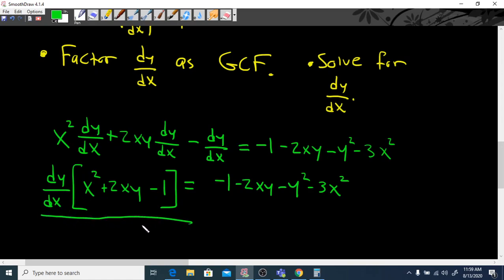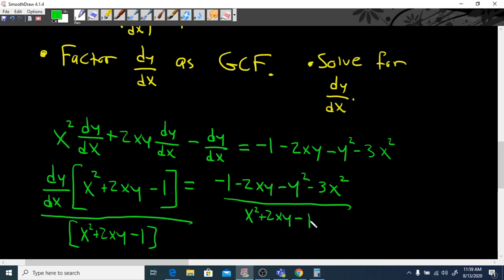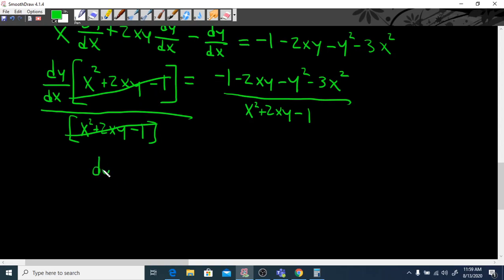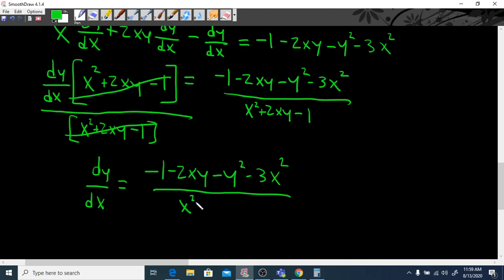So I'm going to divide both sides by all this nastiness, just like that. And then if I do that, boom, it goes away. And we wind up with the following. dy dx equals minus 1 minus 2xy minus y squared minus 3x squared. So many minuses. Over x squared plus 2xy minus 1.